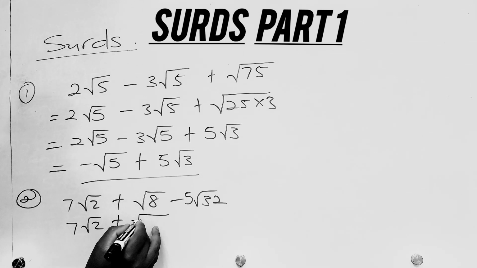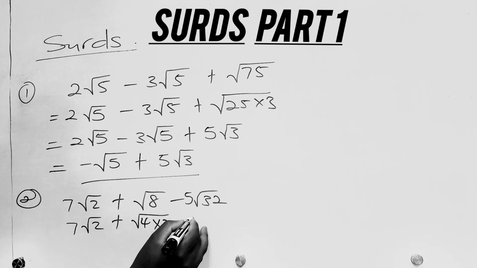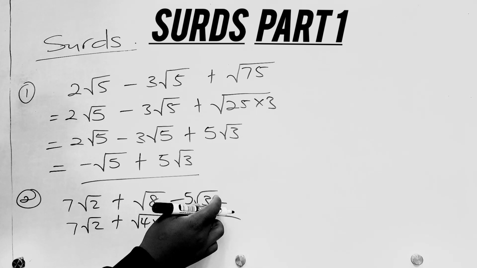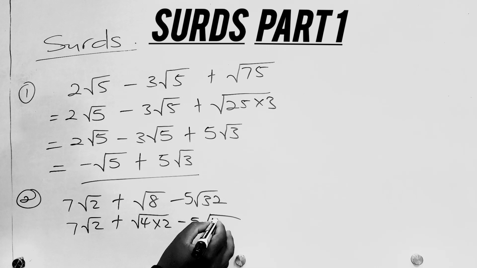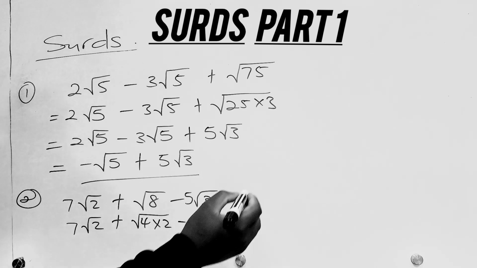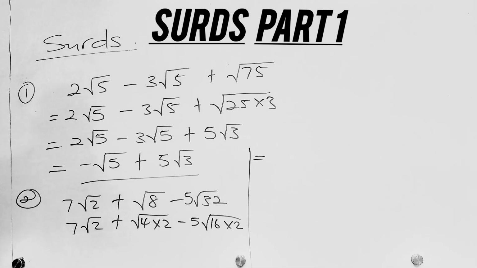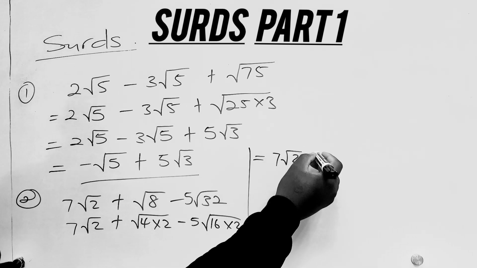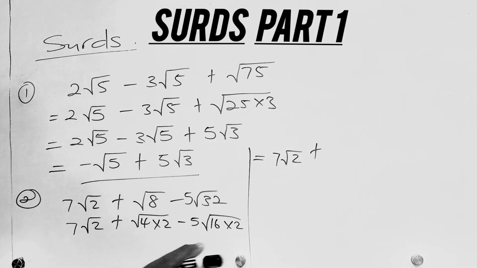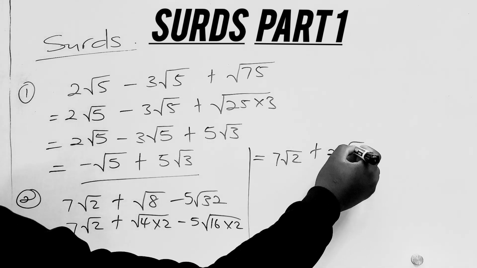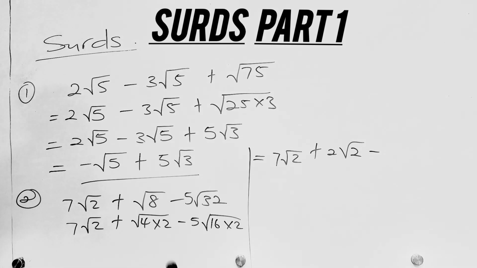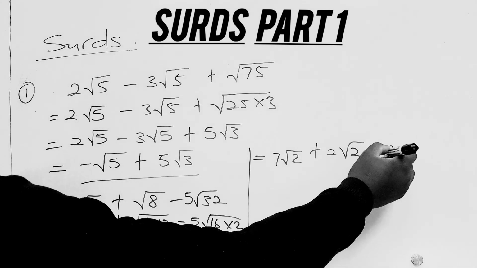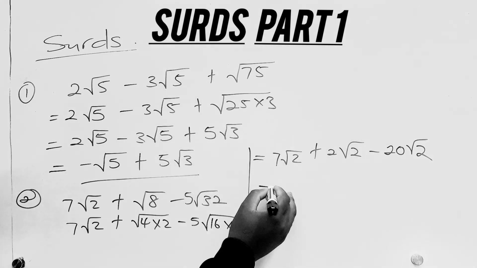So this is square root of 4 times 2 minus 5 times the square root of 32, which is the same as 16 times 2. So we have 7 root 2 plus square root of 4 is 2, so 2 root 2, minus square root of 16 is 4. Then 4 times this 5 we get 20. So that will be 20 root 2.